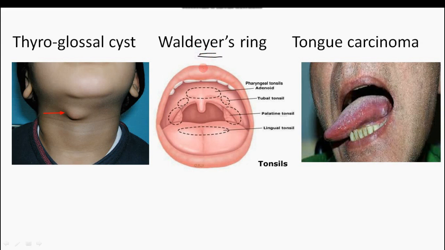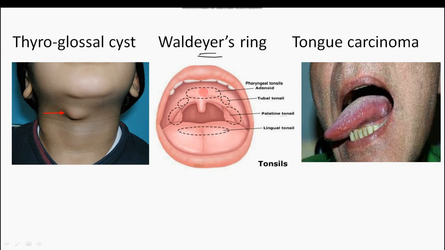Now Waldeyer's ring. Here we see this region in the oral cavity. Waldeyer's ring consists of the tonsils.